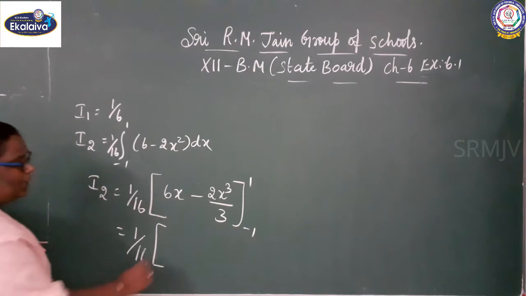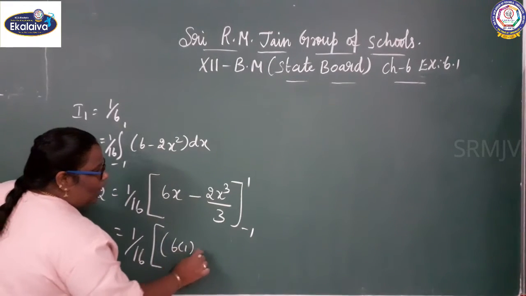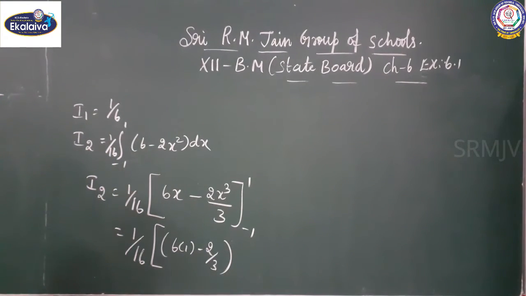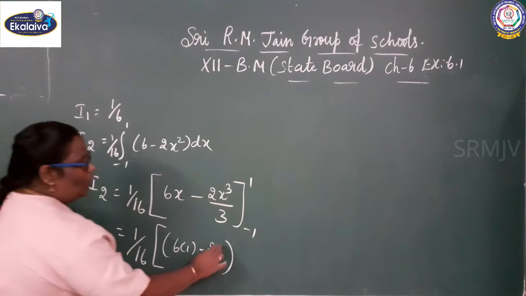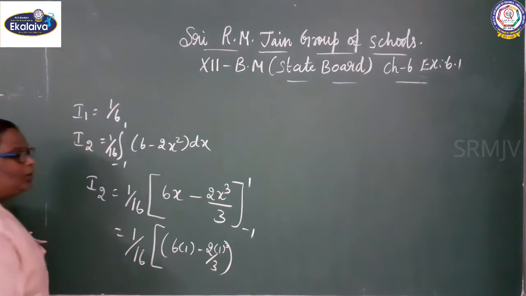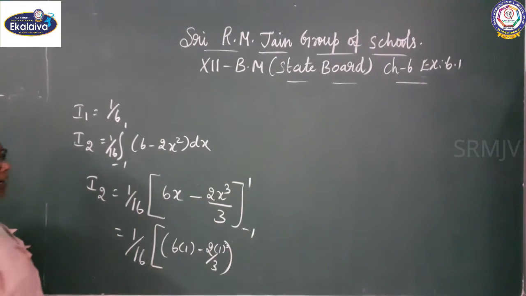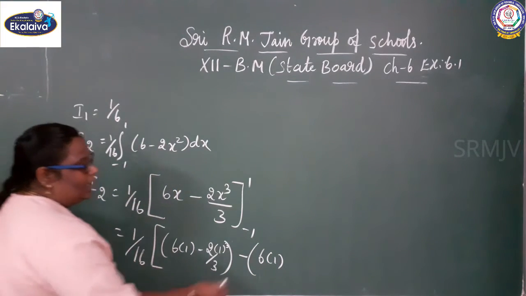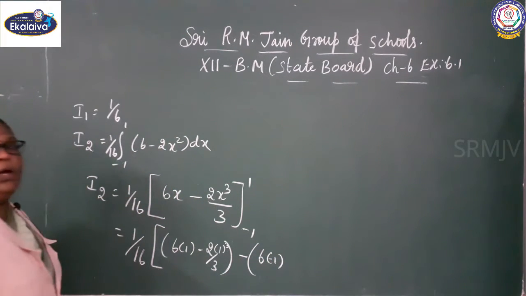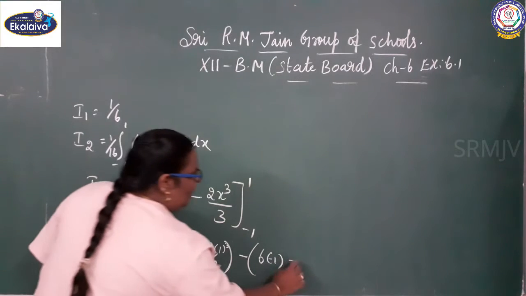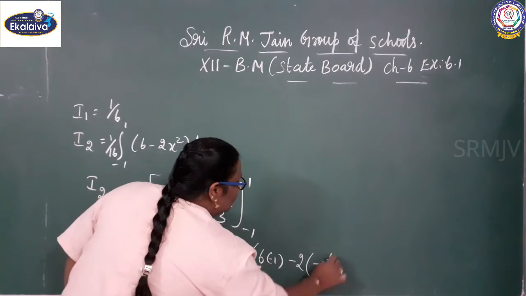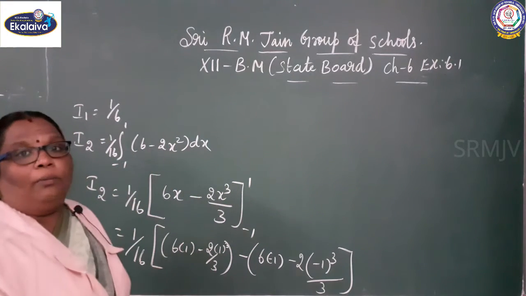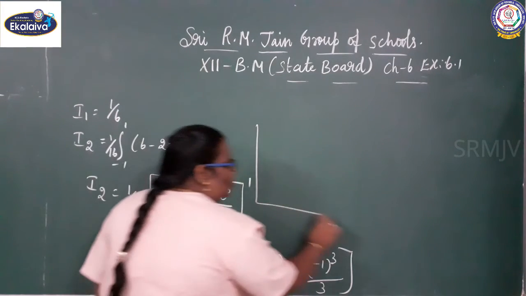What is the upper limit? 6 into 1 minus 2 into 1 cube by 3, minus lower limit, 6 into minus 1 minus 2 into minus 1 the whole cube by 3.